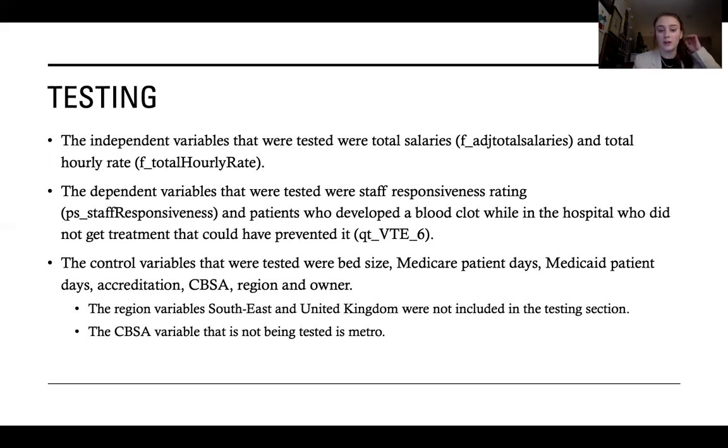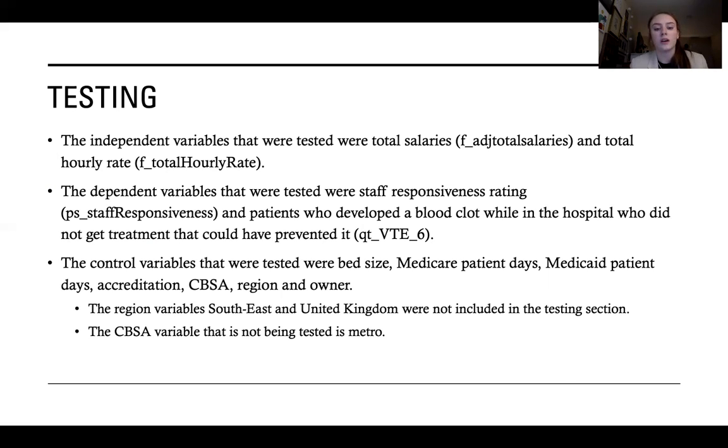The independent variables that were tested were total salaries and total hourly rate. Again, total salaries were adjusted by patient days, but total hourly rate was not. The dependent variables that were tested were staff responsiveness rating and the blood clot patients.